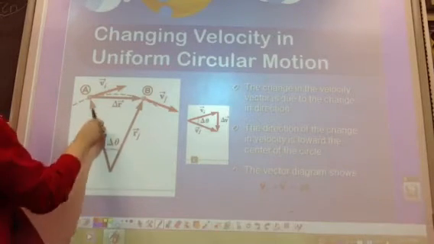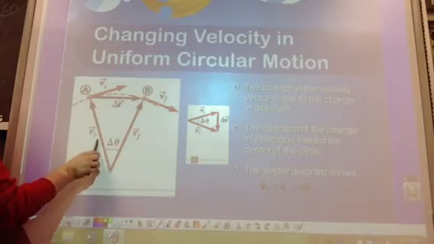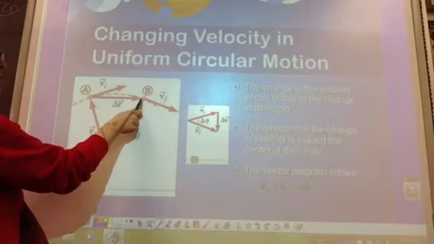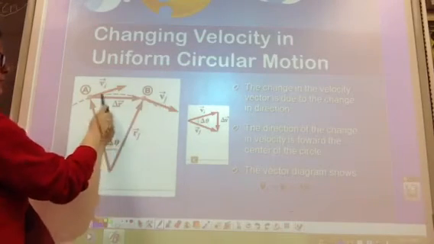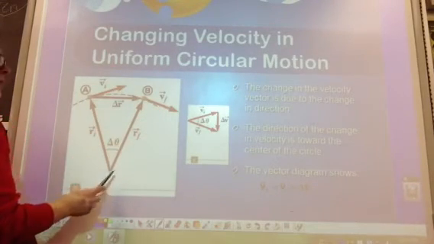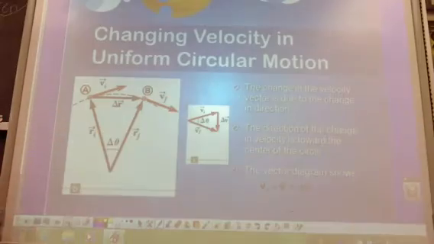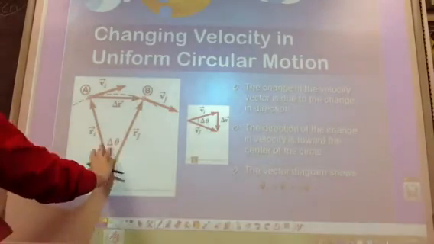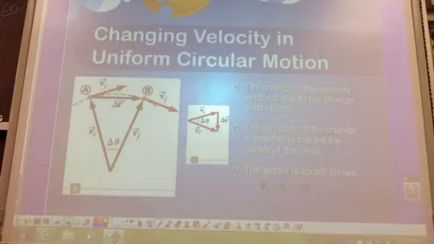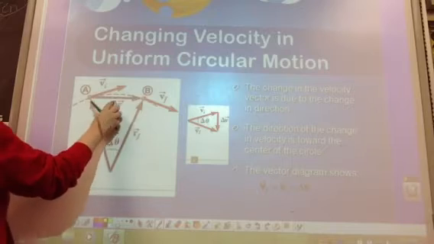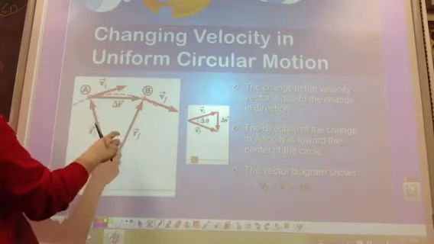So my initial radius, Ri, is here, with my initial velocity vector. I'll have a final velocity vector which should be equal in magnitude, and then I have my final radius, which should be the same length. And I have some angle in between there. My overall displacement will be this delta R vector that's right here.